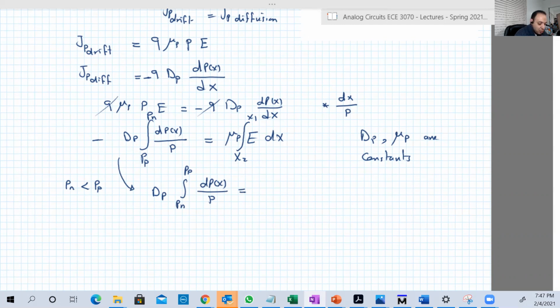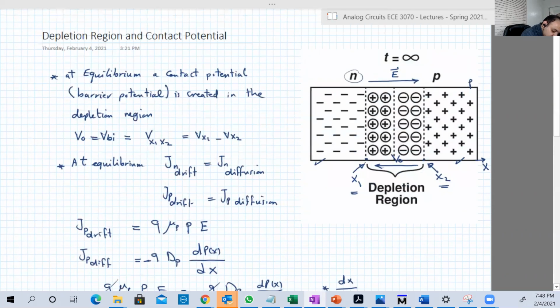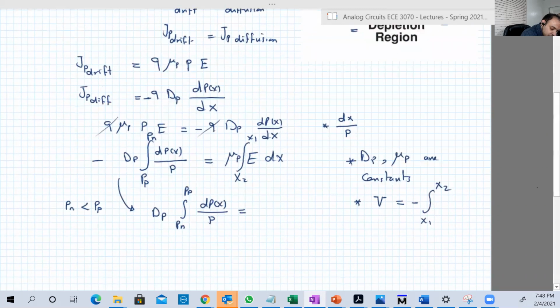Okay, if you studied electric field theory, we have a fact there that the voltage, the potential, is equal to minus the integral from the positive to the negative, from x1 to x2. From the positive electrode, so x1, to the negative electrode, so x2, E dx.